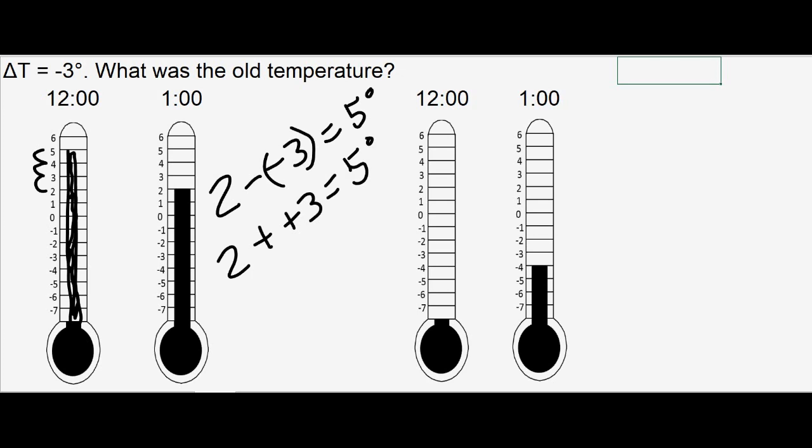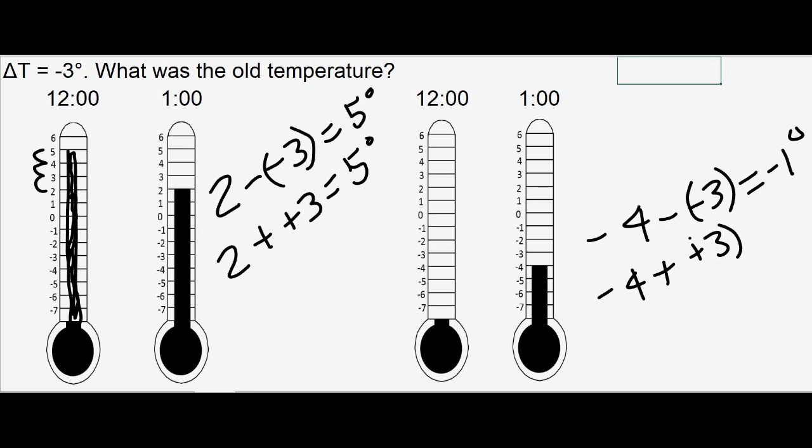And if I'm at -4 and I take away the -3 degrees, I end up at -1 degree. So I'm still doing -4 plus +3. If I'm at -4 and I go back up 3, I'm at -1 degree.